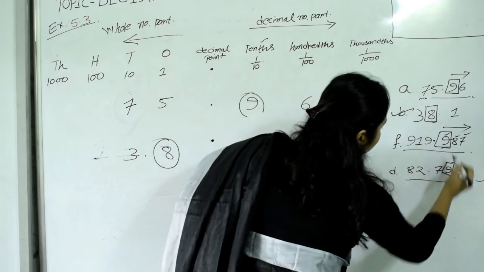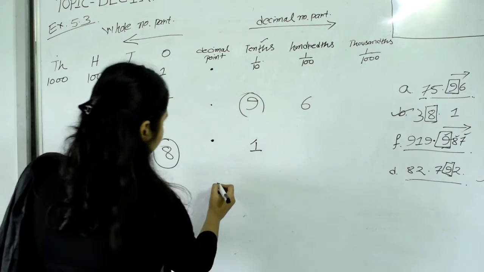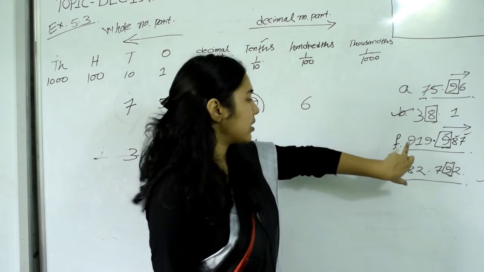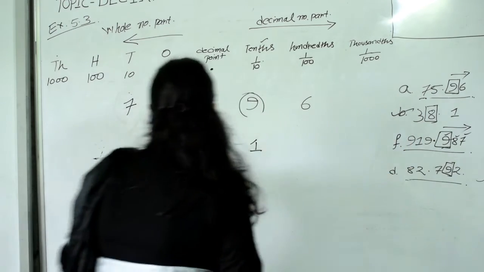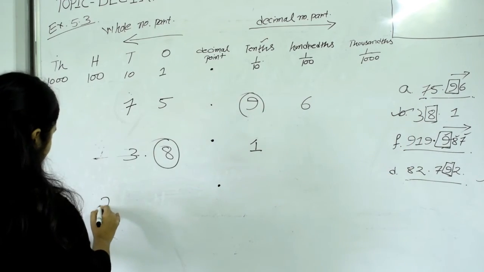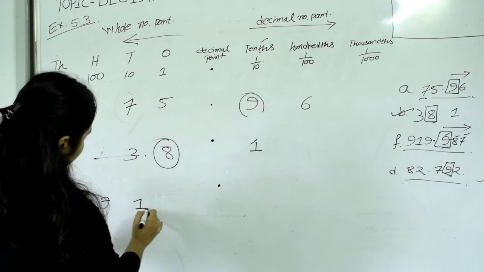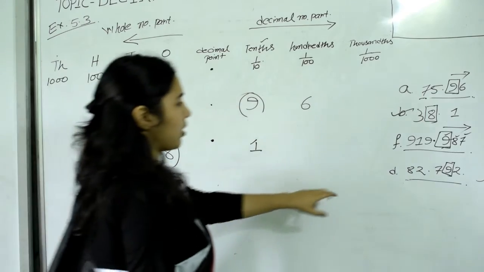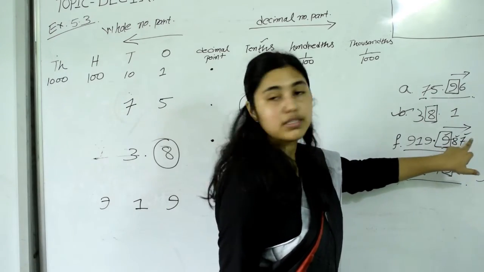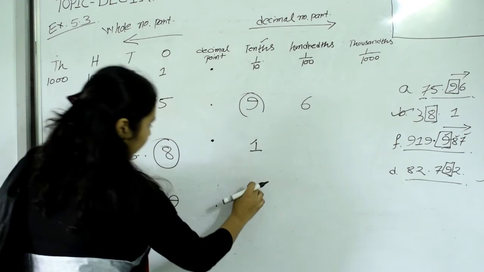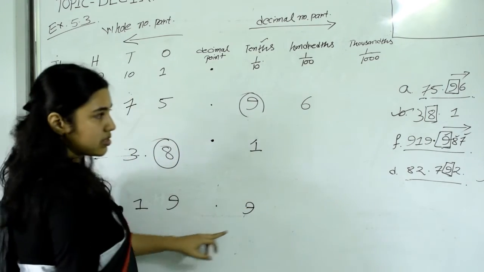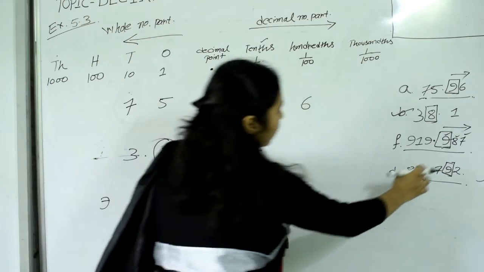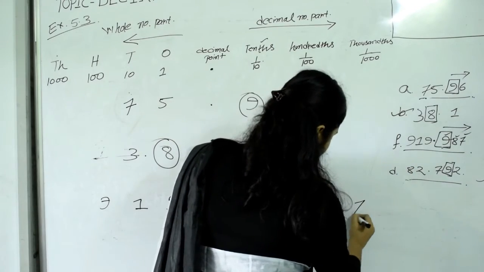Next, 919.987. First, place the point. Here, the whole number part is 919. So first place 919, point 987. 9 tens, 8 hundreds and 7 thousands.